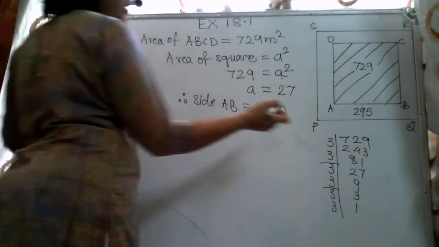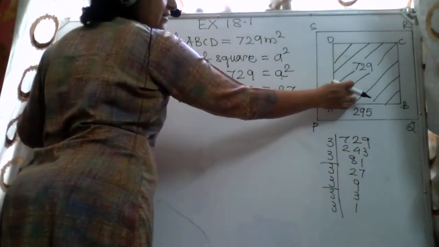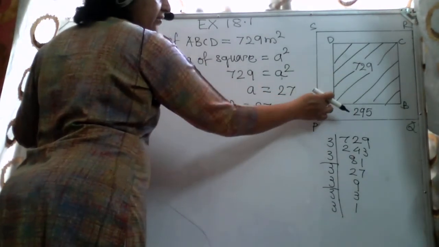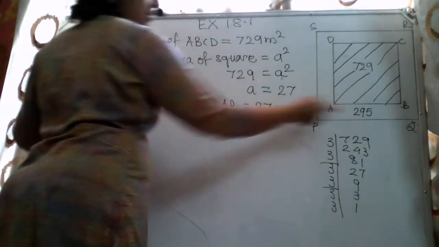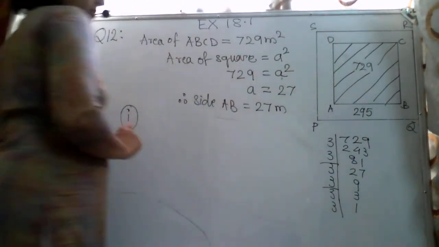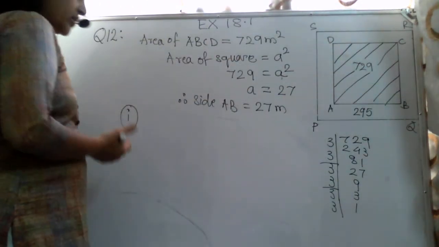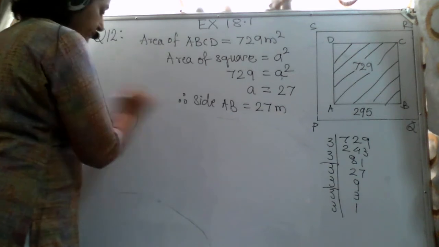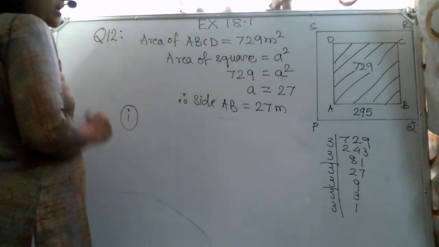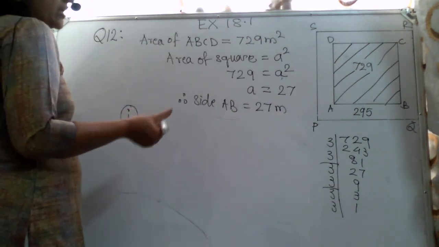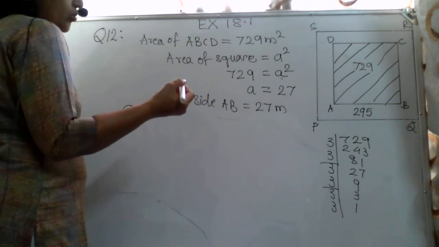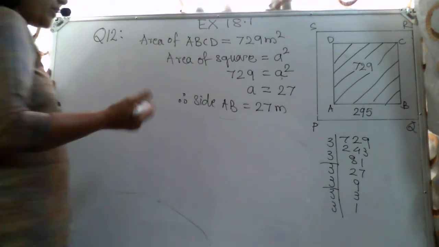Because it's already given that the inner grassland is a square and the width is equal on both sides. Means the resulting outside PQRS boundary is also a square. I should know the area of PQRS, hence I can find the side PQ and then find the perimeter.